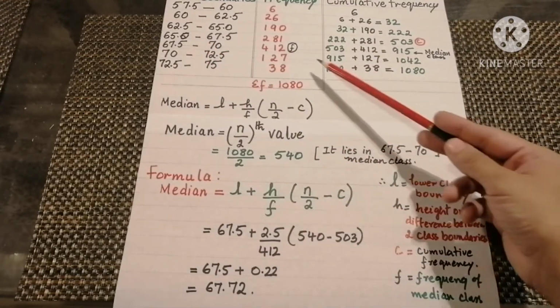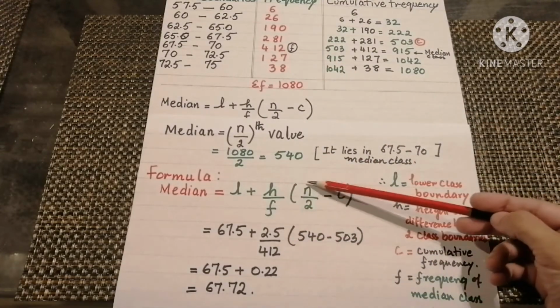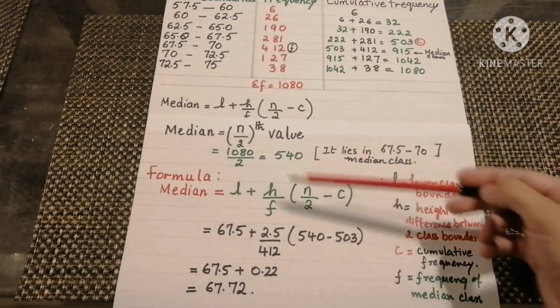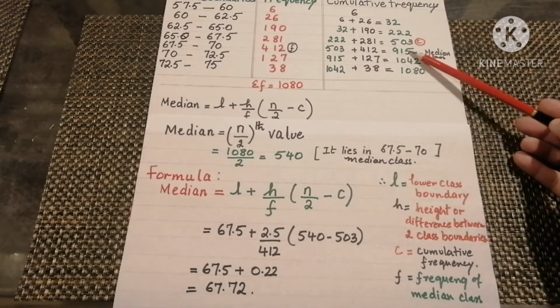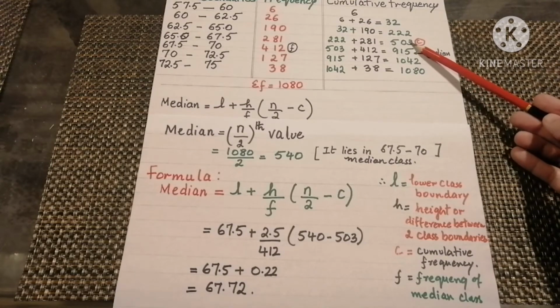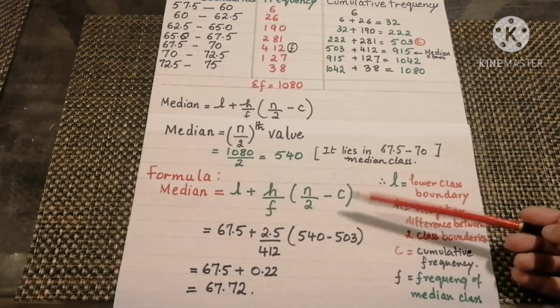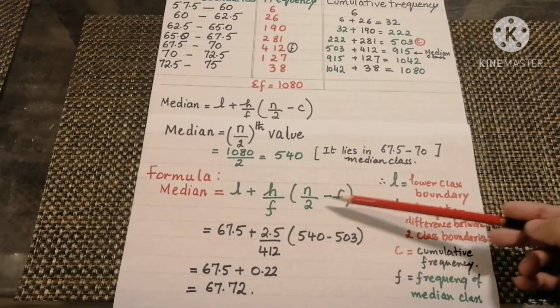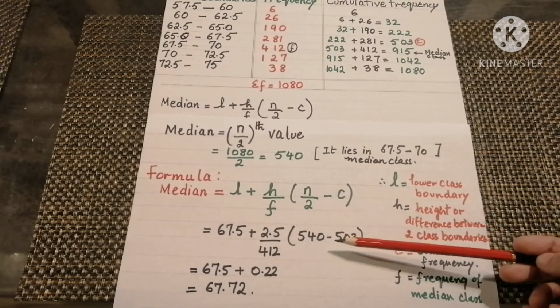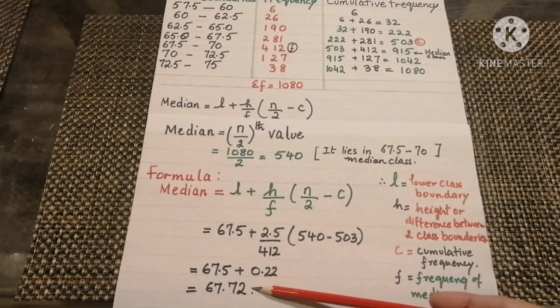Now f is the frequency of the median class, which is 412, we write it like this, n by 2 is 540. Now c is the cumulative frequency above the median class, which is 503. So we substitute all the values in the formula. Hope you have understood what is L, what is h, what is f, what is n by 2 and what is c. Now after substituting the values we calculate the median, which is 67.72.